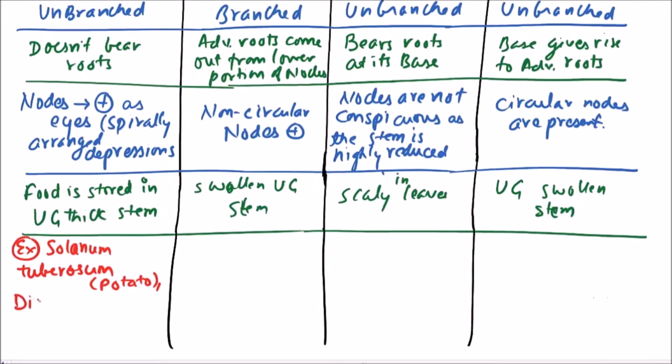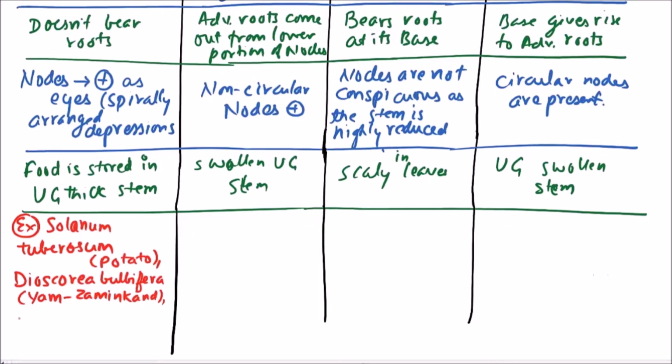Another example is Dioscorea bulbifera, which is also known as yam or zameen kand. Next example is Helianthus tuberosus, which is also known as Jerusalem artichoke.